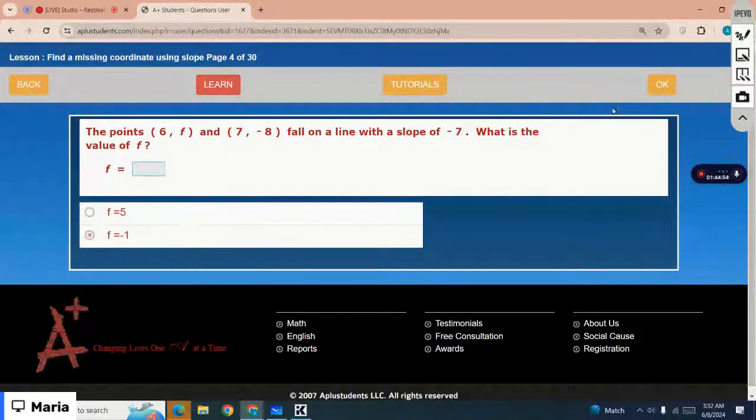The correct option is f equals 1, right?